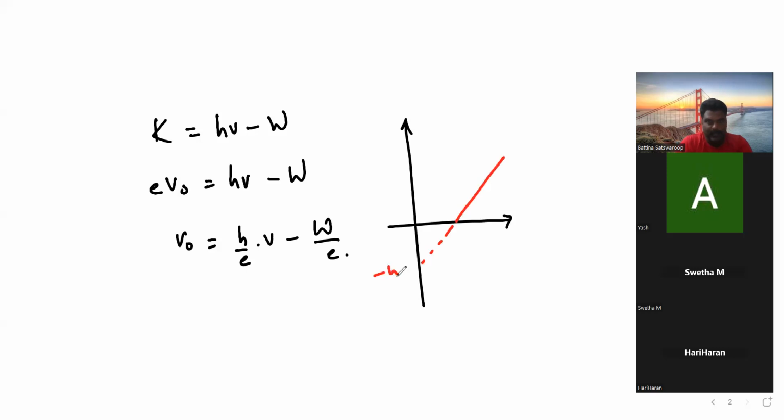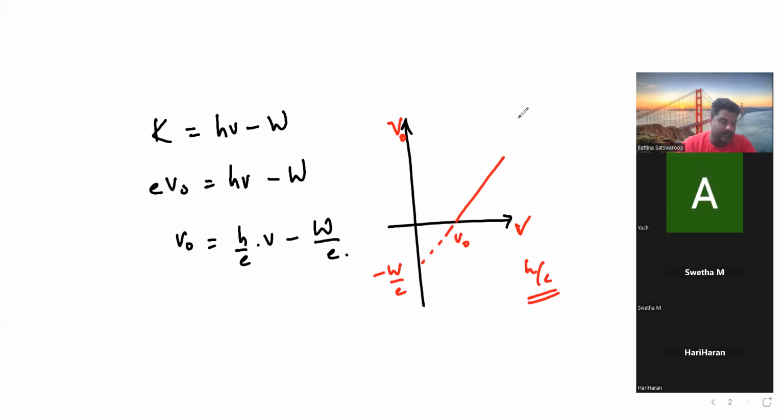This is minus W by e, this is V naught against nu, with V naught on the y axis. Here the slope will represent h by e.